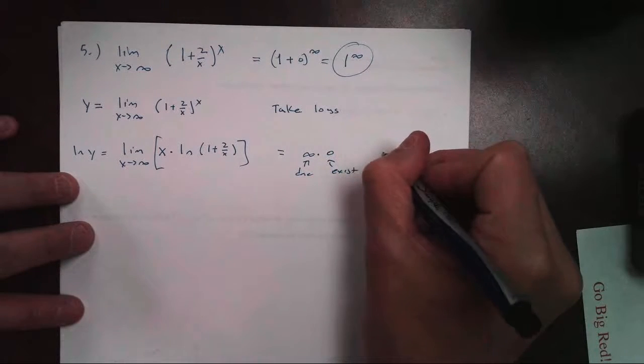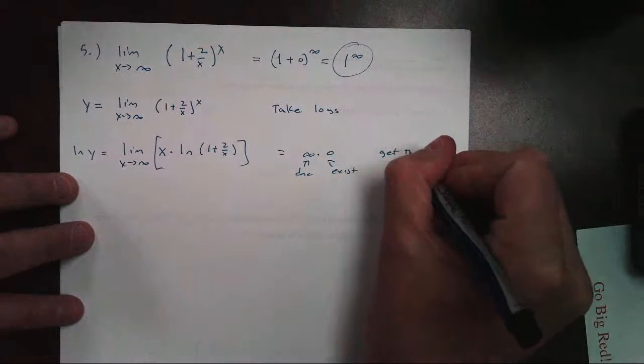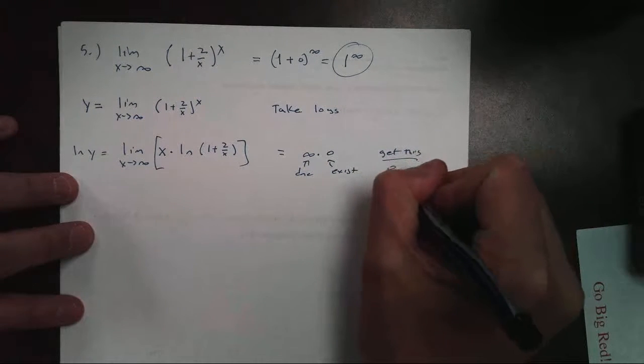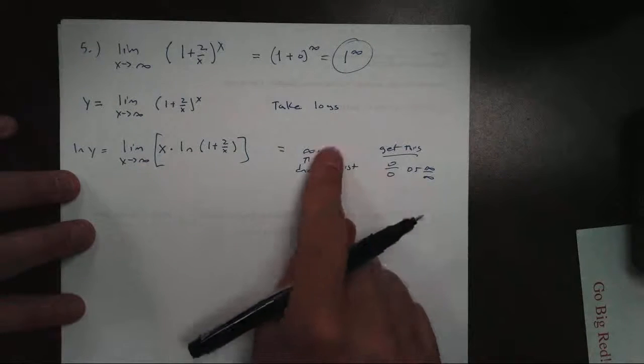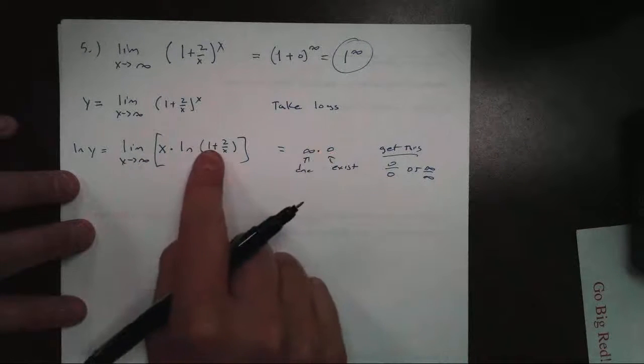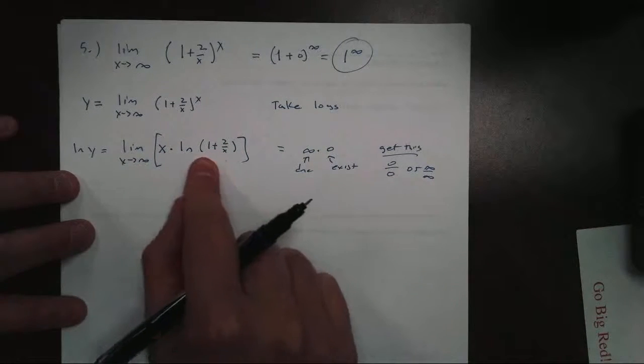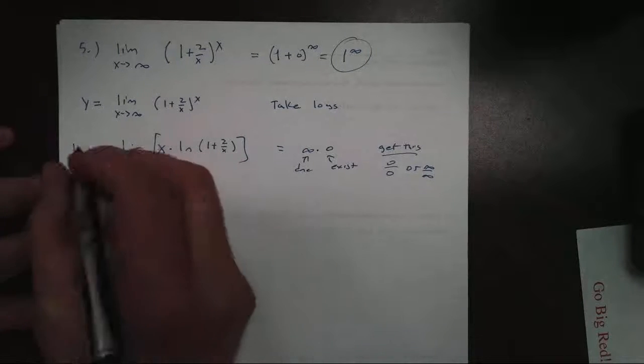Remember, we wanted to get this in the form 0 over 0 or infinity over infinity. So one of them has to go to the bottom, the x or the natural log. And the natural log is harder to do, so we'll bring the x to the bottom.